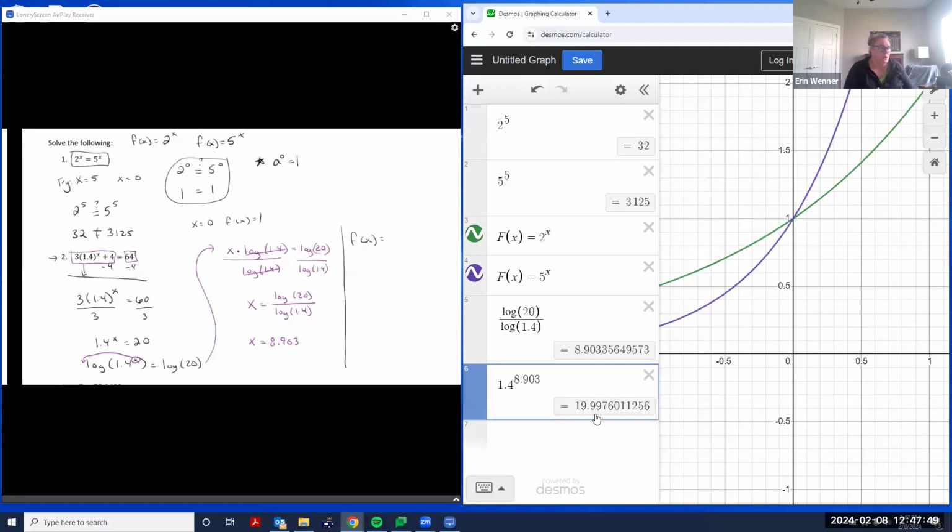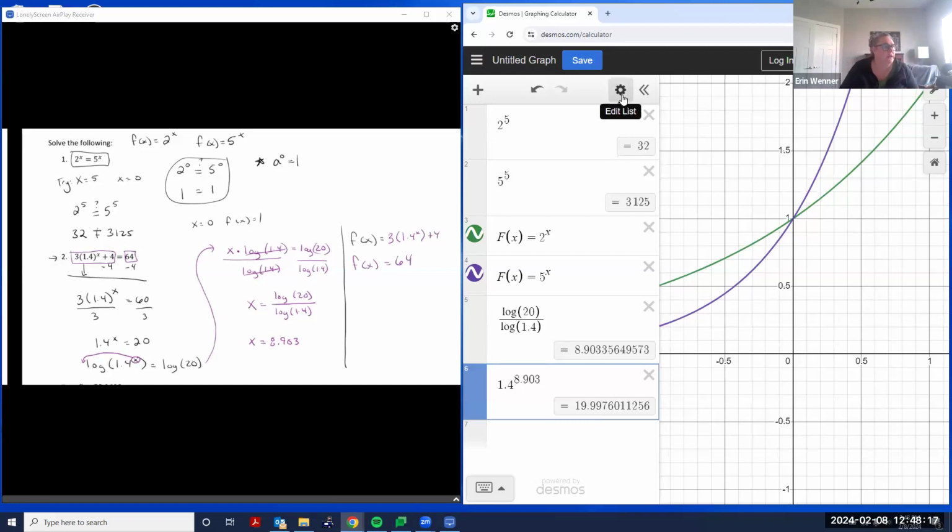And so we could check this as f of x equals 3 times 1.4 to the x plus 4, and also f of x is equal to 64, right? Because f of x equals 64 is the horizontal line. We're looking at where that function equals that specific value, and that's going to help us check our work.